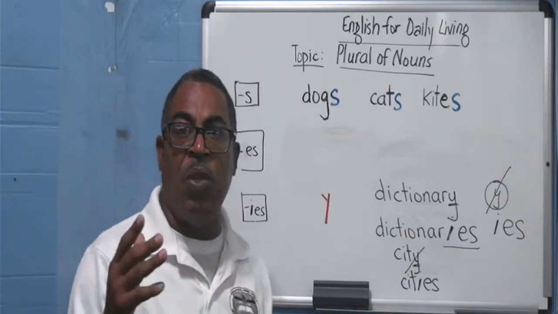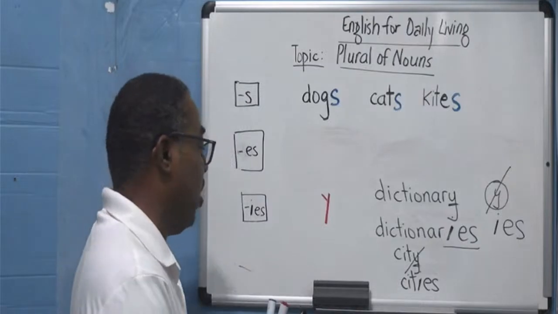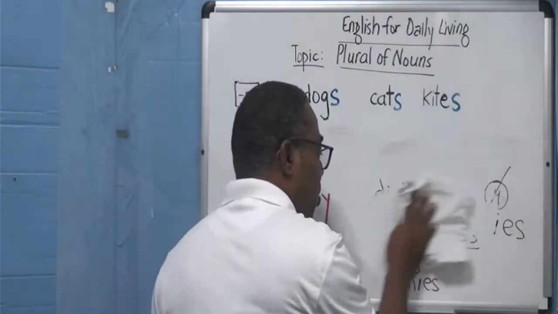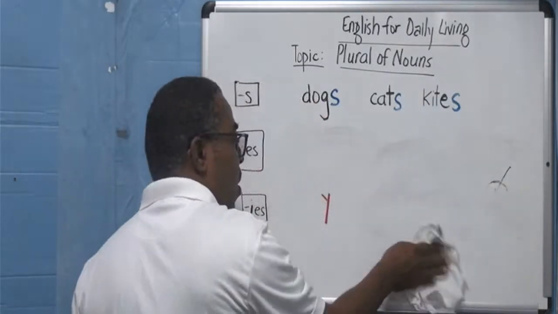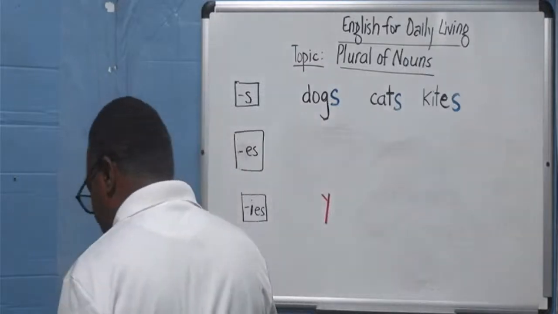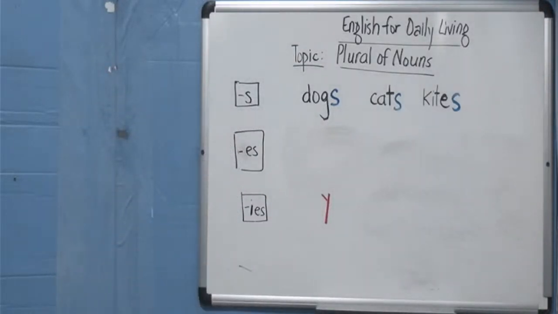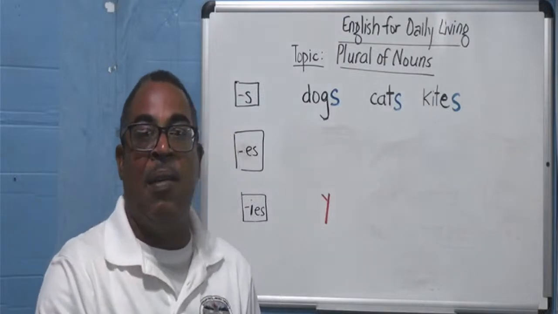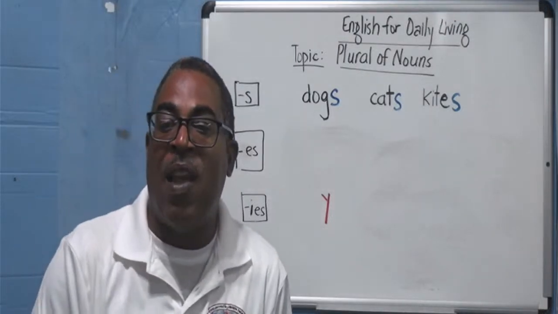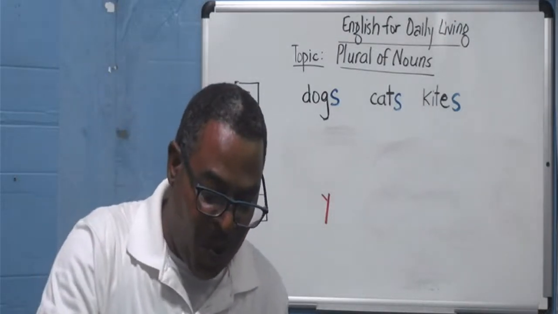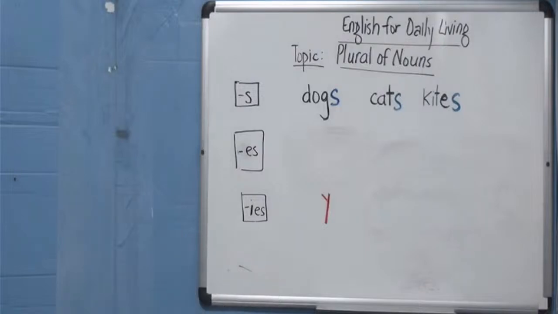Now there's something you have to be careful about with this Y, because sometimes you can have a noun ending in Y, and before the Y there's a vowel. Before the Y there's a vowel. So what do we have to do?